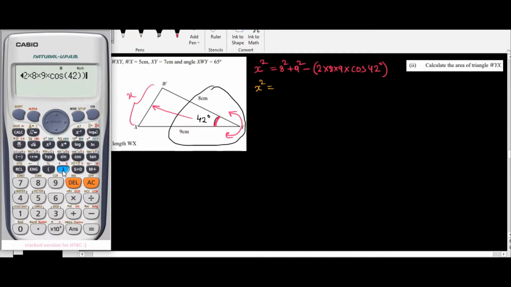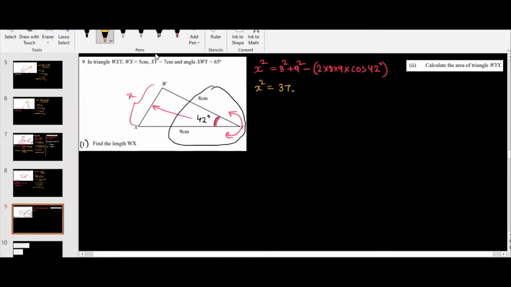And one more, close the bracket, so that it is complete. So you got this answer, 37.98714513. We have to write all these digits so that we don't get any error. So I will write all the values, 37.98714513. We don't want x square, we want x value.